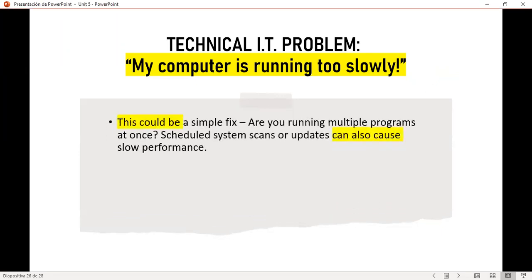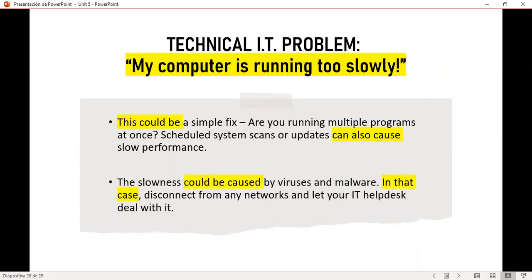Well, these could be, you see the vocabulary, this could be a simple fix. Are you running multiple programs at once? Scheduled system scans or updates can also cause slow performance. This slowness could be caused by viruses and malware. In that case, disconnect from any network and let your IT help desk deal with it.